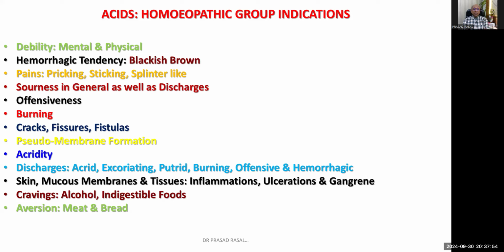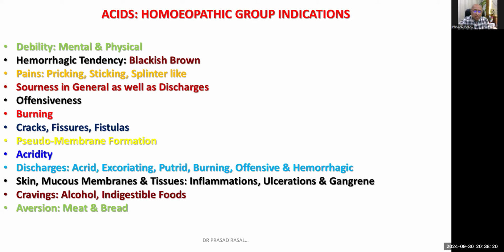So sensitivity specifically showing a burning characteristic is there because there are cracks, and cracks specifically at the corners of the mouth, at the mucocutaneous junctions, the fissures at the anal region, fistula in ano, fistula lacrimalis, dental fistula.